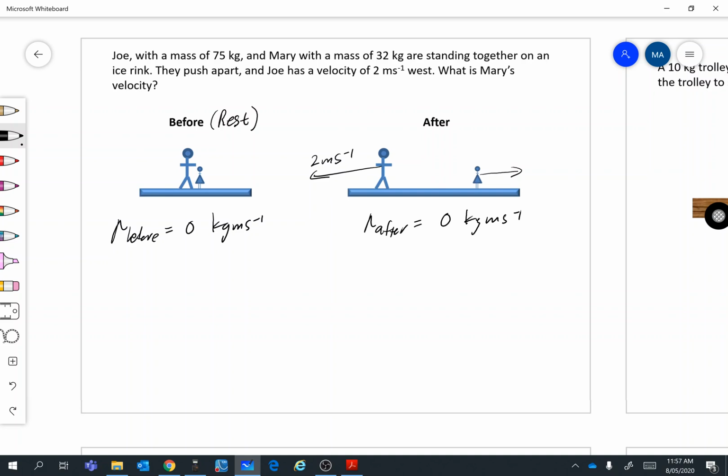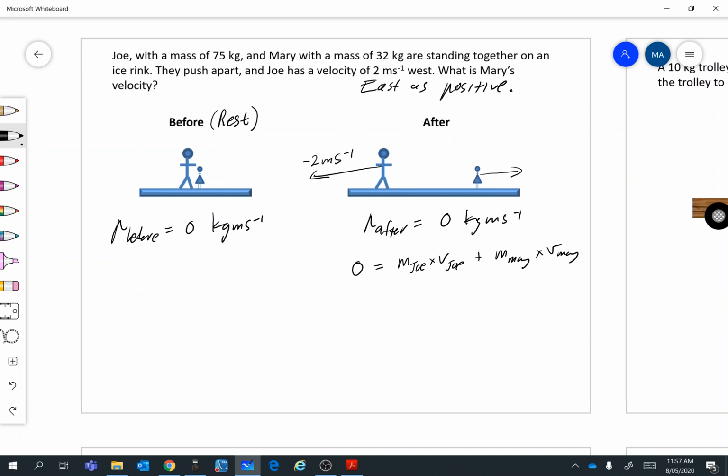Okay, so I might just call Joe's velocity -2 there, and let's set east as positive. Okay, so Joe's moving west, so his velocity will be negative. So that momentum afterwards is 0, and we're going to have the mass of Joe times the velocity of Joe plus the mass of Mary times the velocity of Mary.